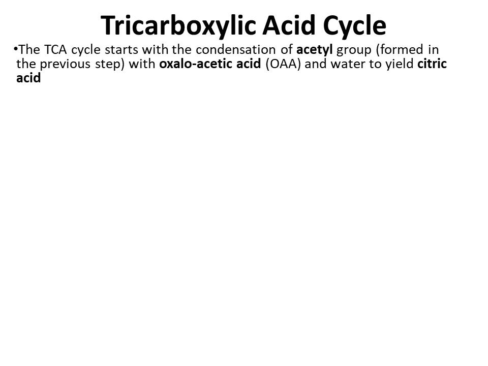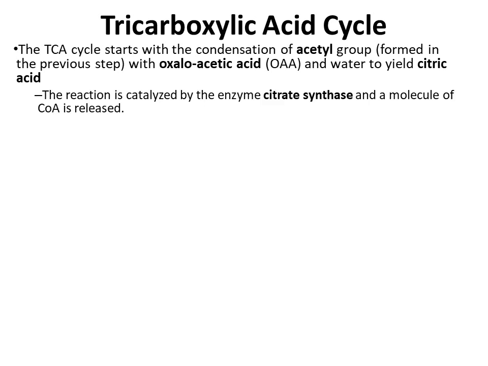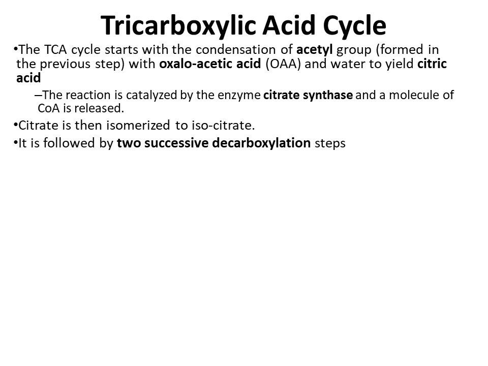It begins with condensation of the acetyl group formed in the previous step with oxaloacetic acid to yield citric acid. The reaction is catalyzed by citrate synthetase, and the molecule of coenzyme A is then released. Citrate thus formed is isomerized to isocitrate.